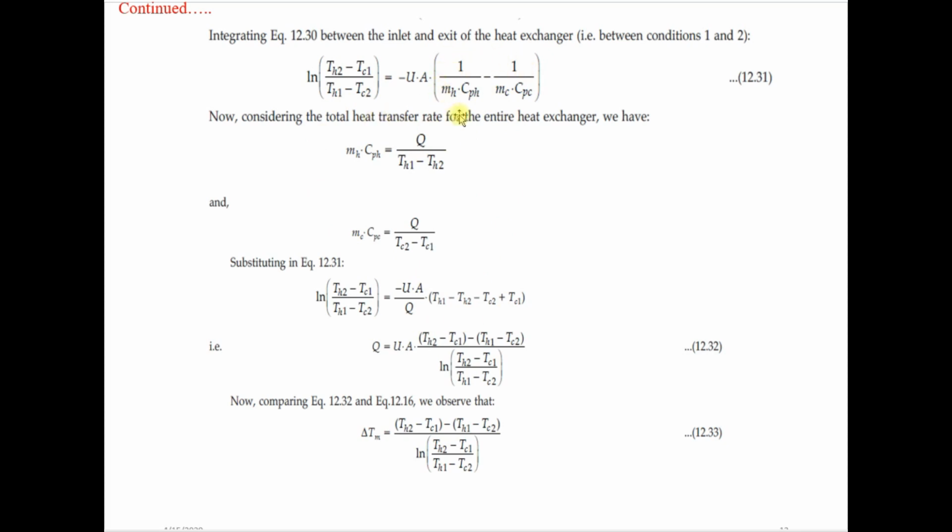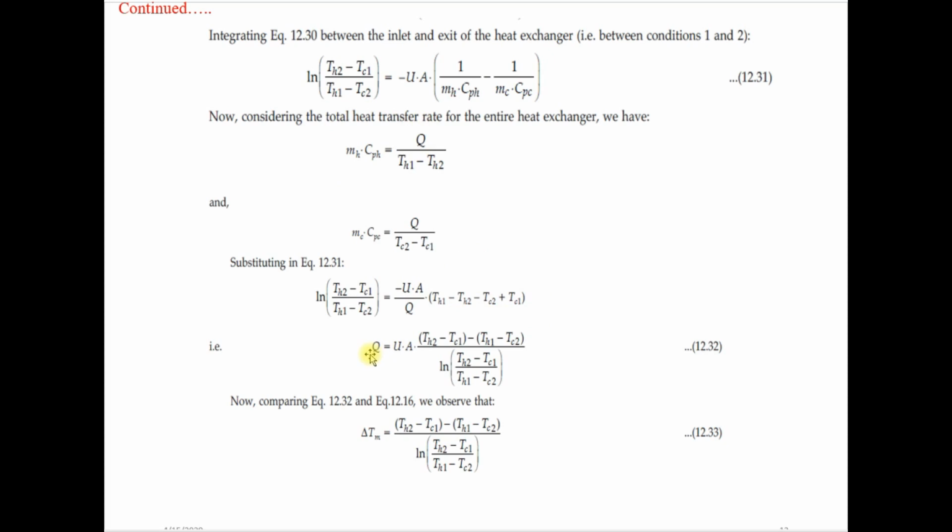They are substituting here, and finally we get ln of (Th2 minus Tc1) divided by (Th1 minus Tc2) is equal to minus U into area divided by Q into the term 1 by mh Cph and 1 by mc Cpc from this equation. These are substituted here.